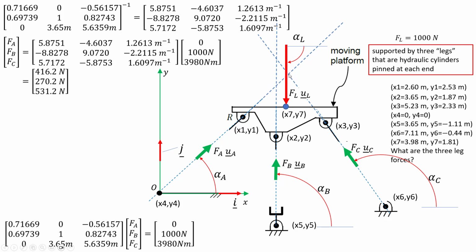The other thing I want to point out while I'm looking at this: you see that the lines of action of the 3 legs do make a triangle. That triangle needs to have a non-zero area.